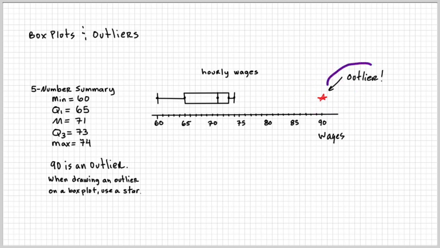Now you don't put the word outlier here, I just wrote it out. You just basically have the little star. A little star, a dot, whatever it is that the teacher tells you. Usually it's a star. Okay, hopefully this is helpful in drawing a box plot with an outlier.